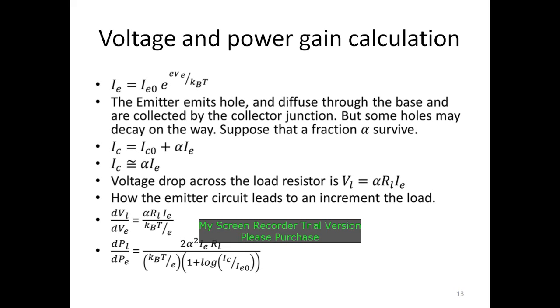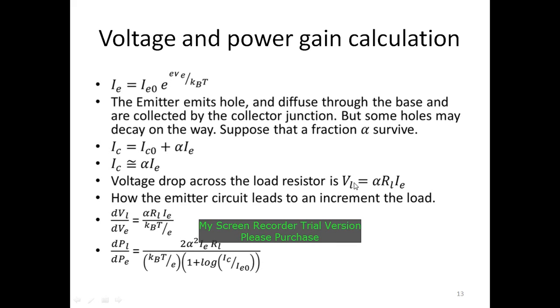To see how the input signal is amplified, or has a gain on the output signal, we make a derivation to derive the load voltage with emitter voltage. So this is the load voltage, and if we substitute IE from this equation, we have a relation between VL and VE.